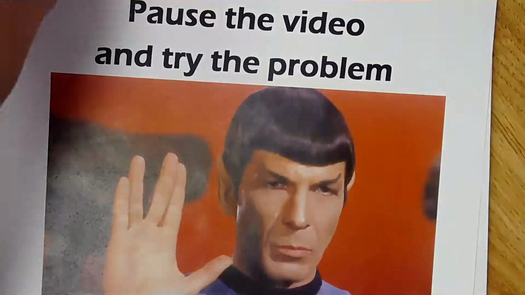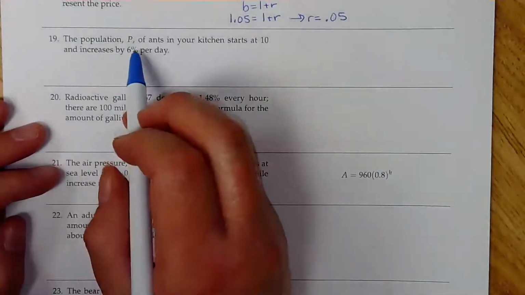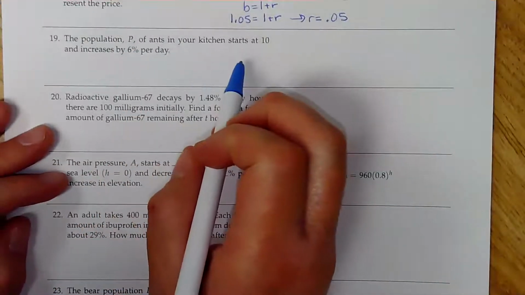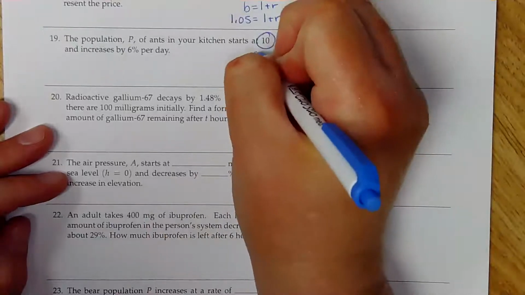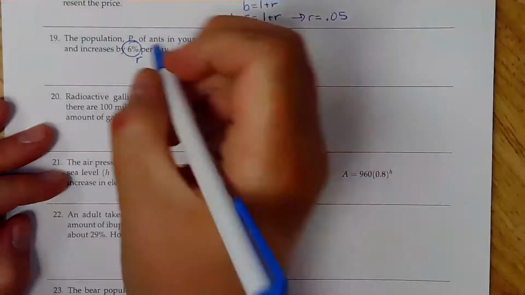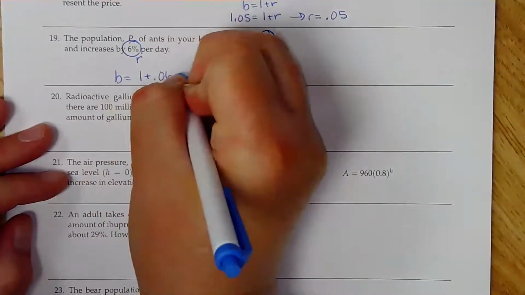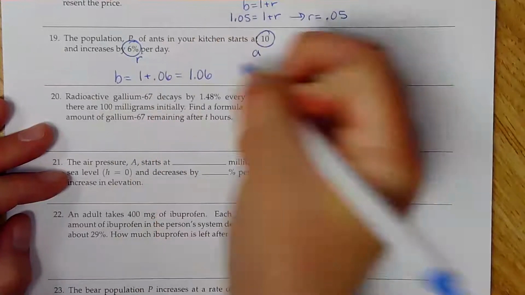Okay, so let's see if we got to some of the same places. Number 19, the population P of ants in your kitchen starts at 10. There's my A, and increases by 6% per year, so there's R. B is equal to 1 plus 0.06, which gives me 1.06.